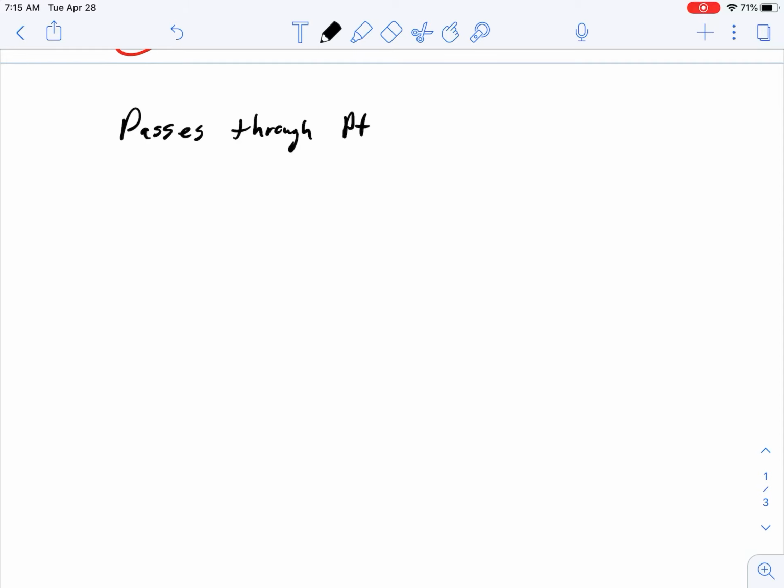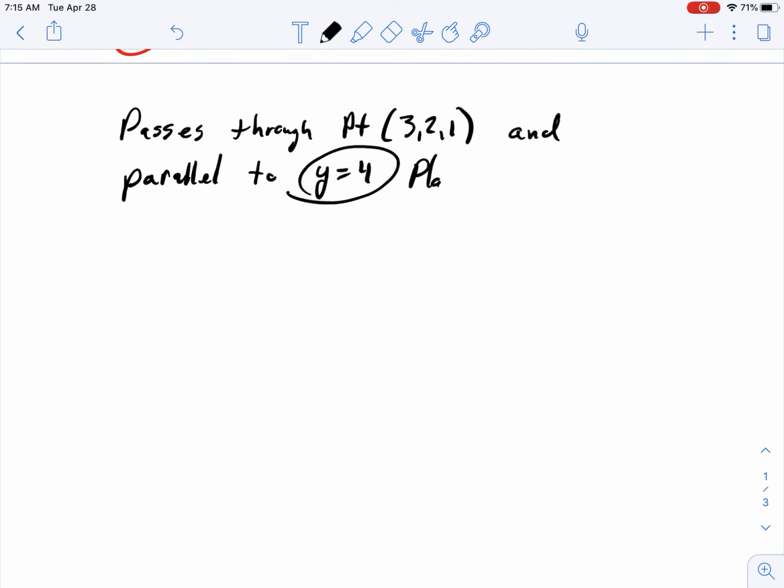Still passes through the point (3, 2, 1) and parallel to the plane y equals 4, which means then, if this is the plane here, this is actually 0x plus 1y plus 0z equals 4.